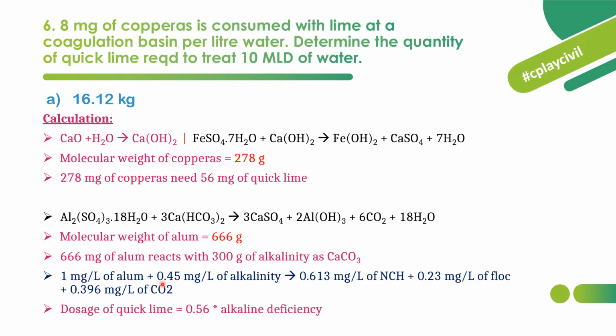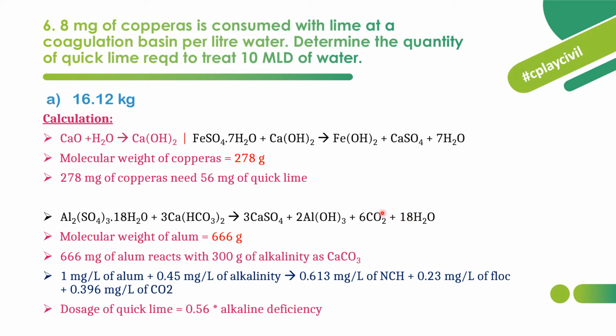So 1 plus 0.45 milligram per liter of alkalinity gives 0.613 milligram per liter of non-carbonate hardness, that is calcium sulfate in this case, and 0.23 milligram per liter of floc. Here floc is nothing but aluminum hydroxide, and 0.396 milligram per liter of carbon dioxide.